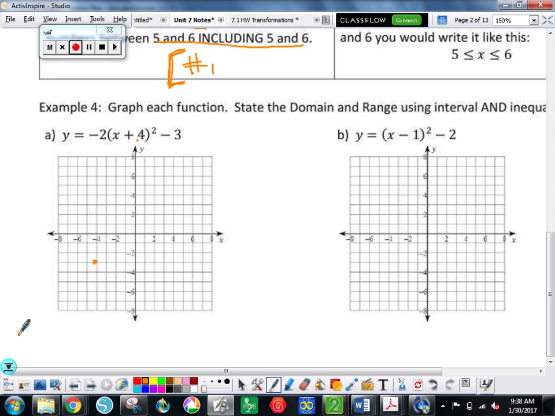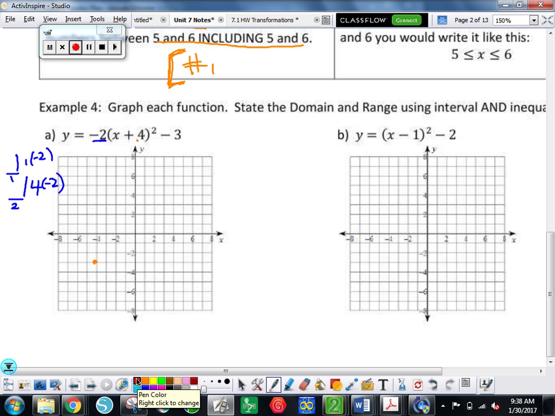Now the general pattern for a parabola is over 1, up 1, over 2, up 4, right? How does an a of -2 affect that graph? Right. You always multiply the ups, you never multiply the overs. So instead of going over 1, up 1, we're going to go over 1, down 2.